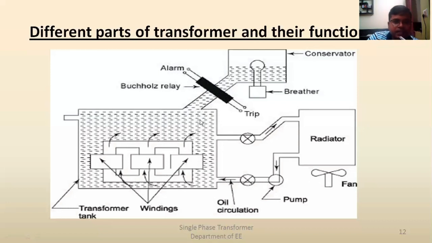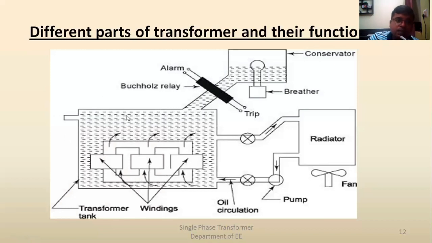So the application is that when the temperature inside the oil or inside the tank increases, the oil will expand itself. If it is a completely sealed one, there is a chance of blast, right?